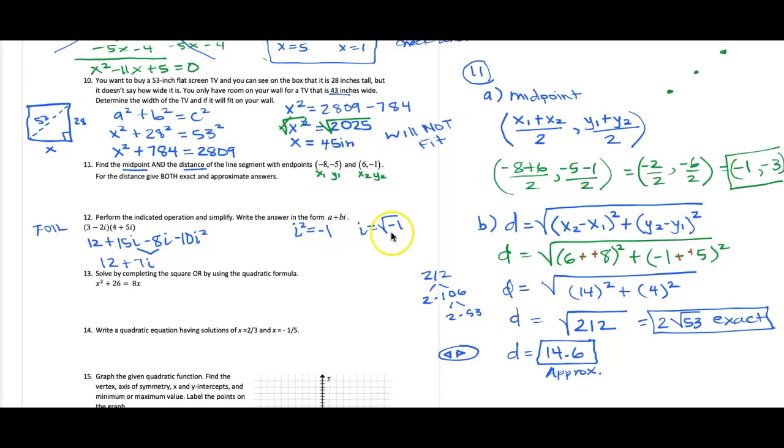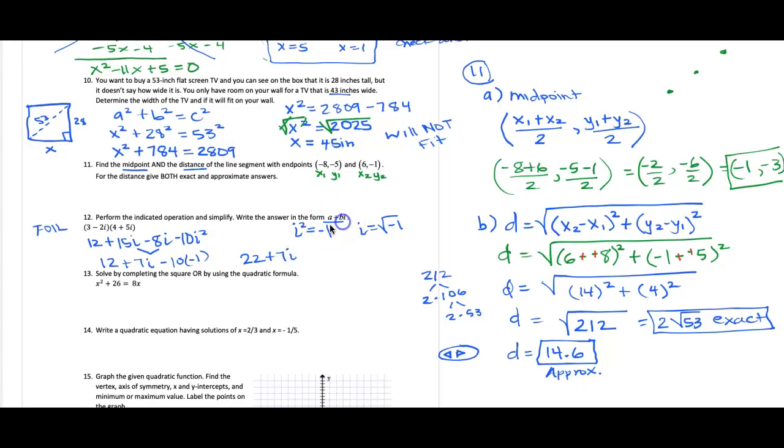If you know those two things, that will be really helpful on the exam. And so really here I have negative 10 times a negative 1, because that whole i squared is being replaced with the negative 1. So that's really just going to be plus 10 here. So 12 plus 10 gives me 22, and then plus 7i.